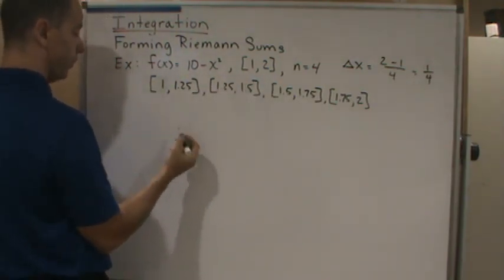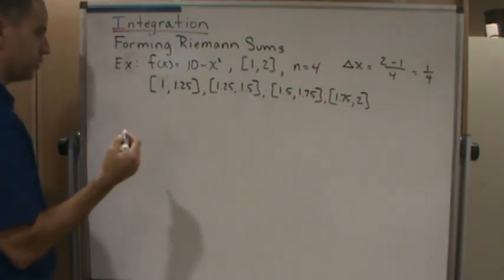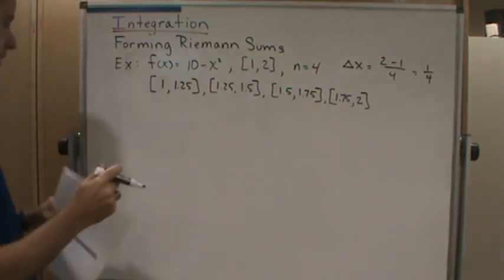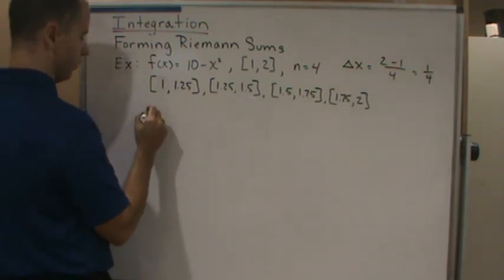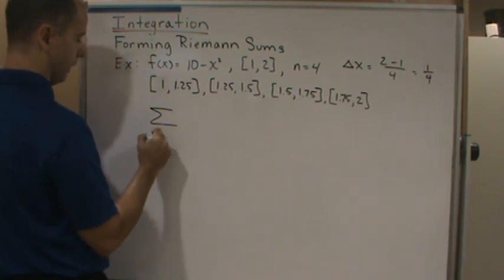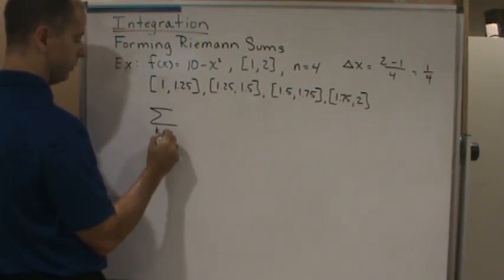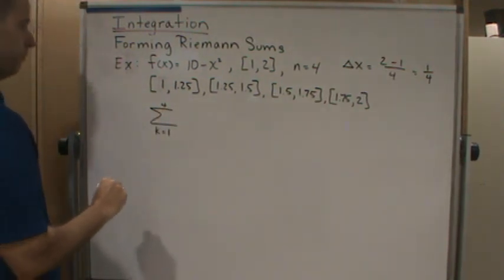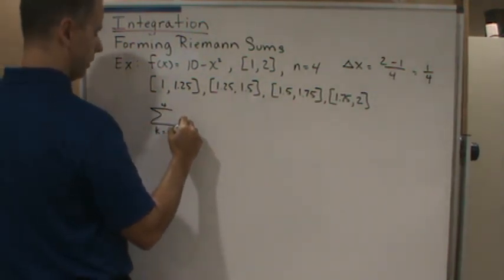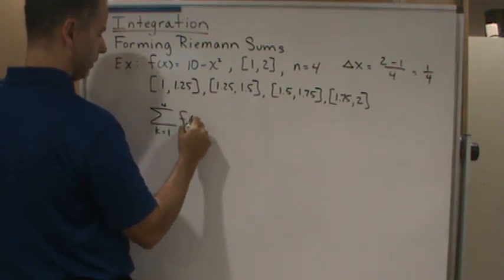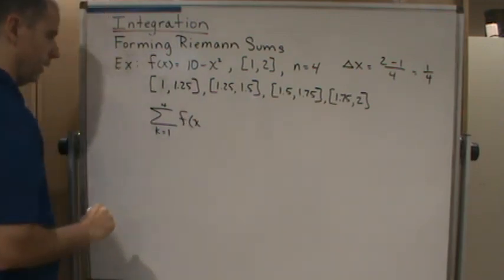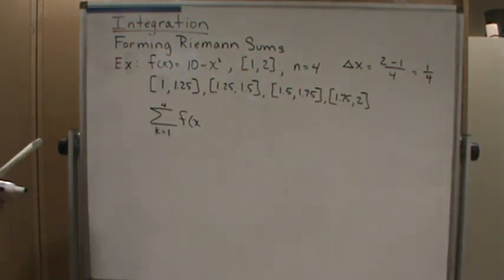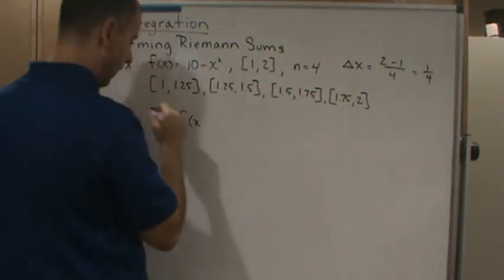So what are we going to do? Well, we're going to use the approximation. So we're going to say the summation for k equals 1 to 4 of f of x sub i, right?